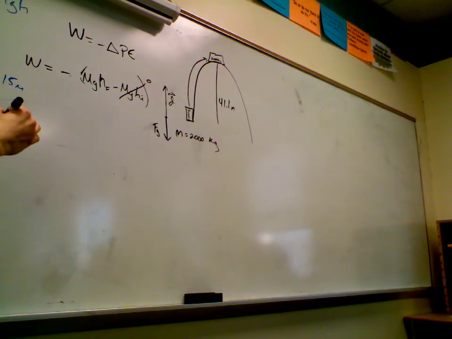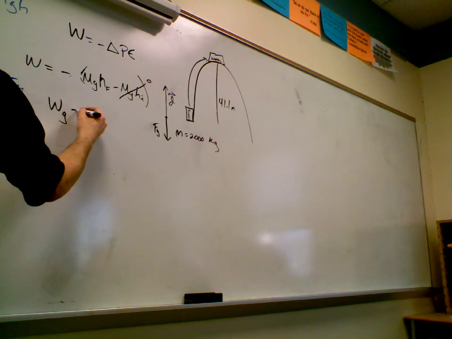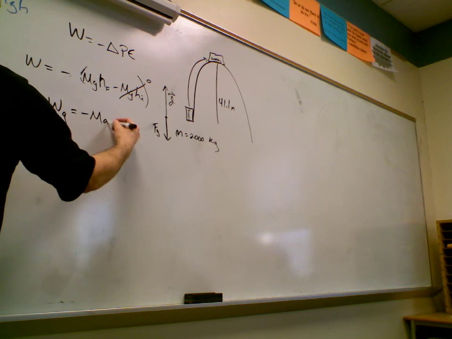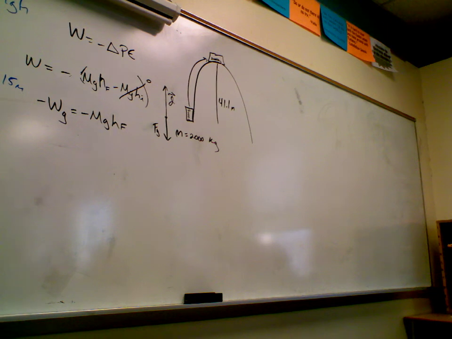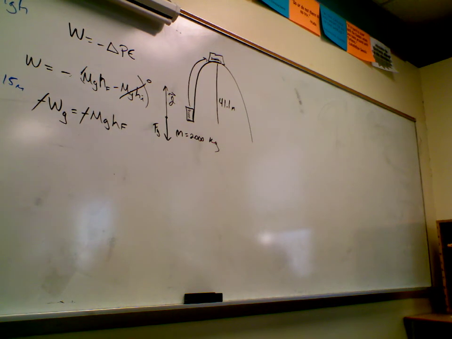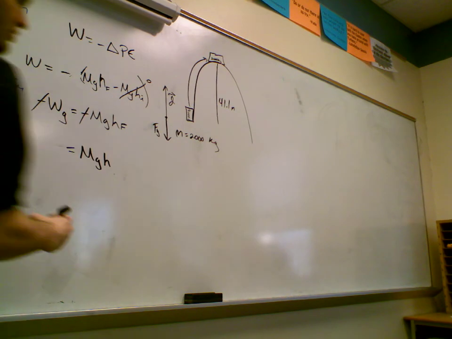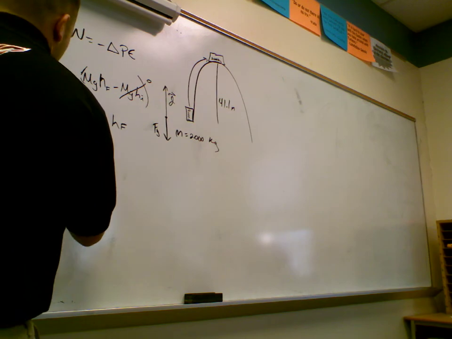We end up with the work done by gravity, which was actually negative work, equals negative mgh final. What can I do with my two negative signs? We can just cross them out. They become positives. So then I just end up with an equation using mgh. What does that equation look like? The PE equation.